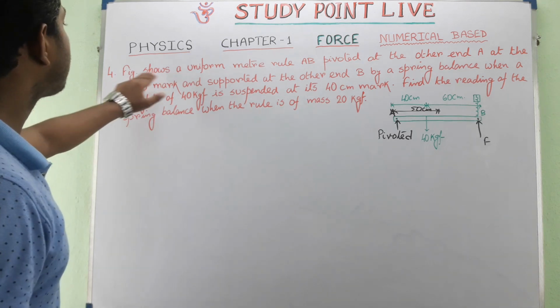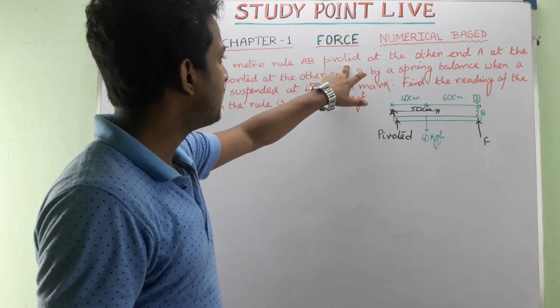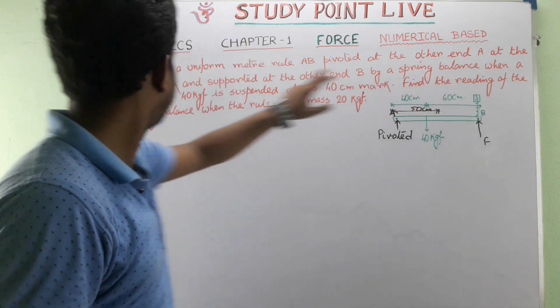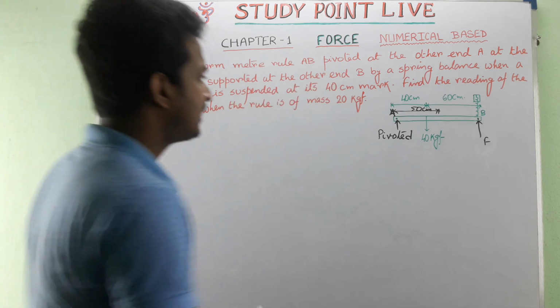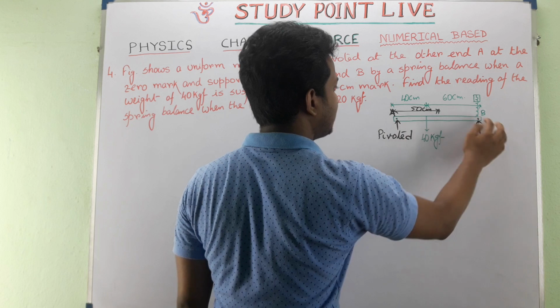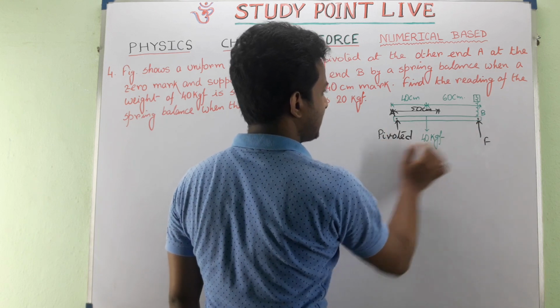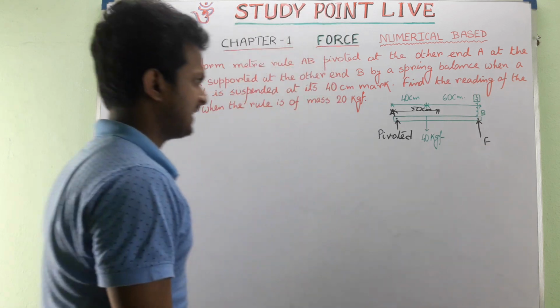So let's move to the last part. See, here the figure shows a uniform meter rule AB pivoted at the end A at the 0 mark and supported at the other end B by a spring balance. See, here I have drawn a figure. This point is A and this point is B. A is pivoted and B is suspended by a spring balance.